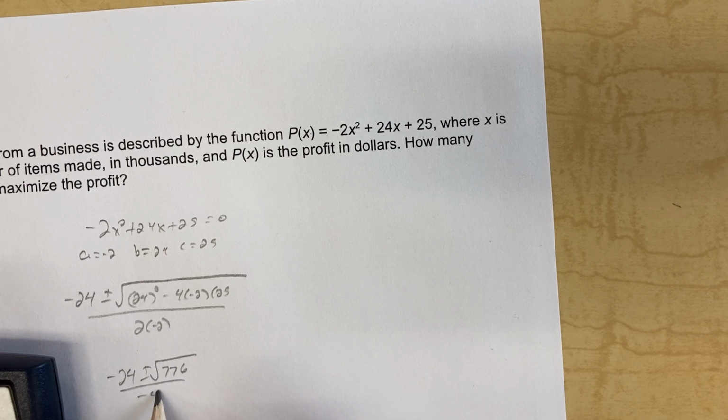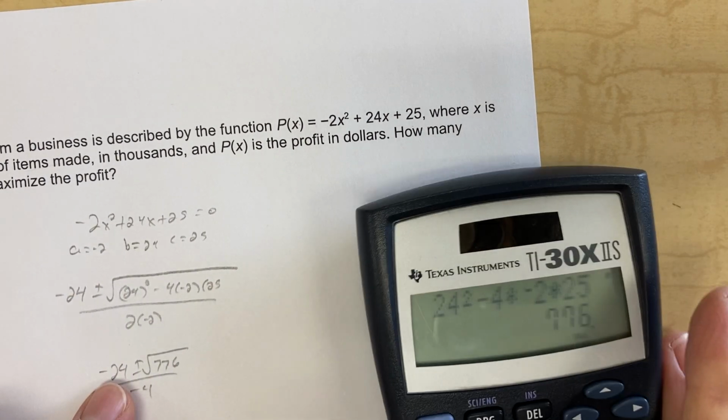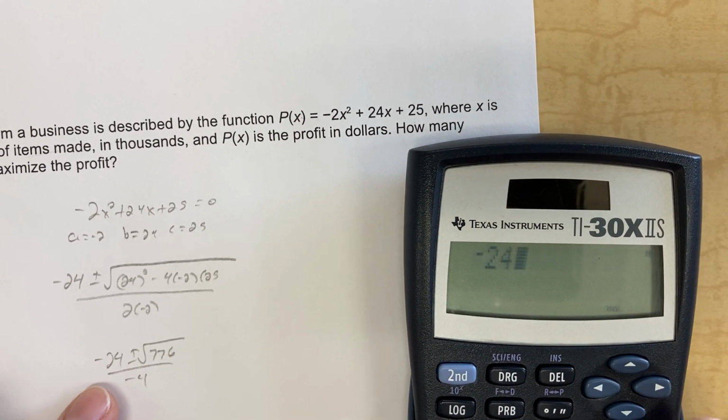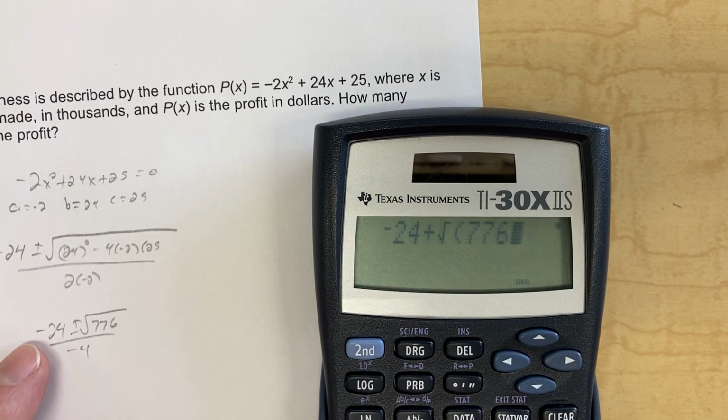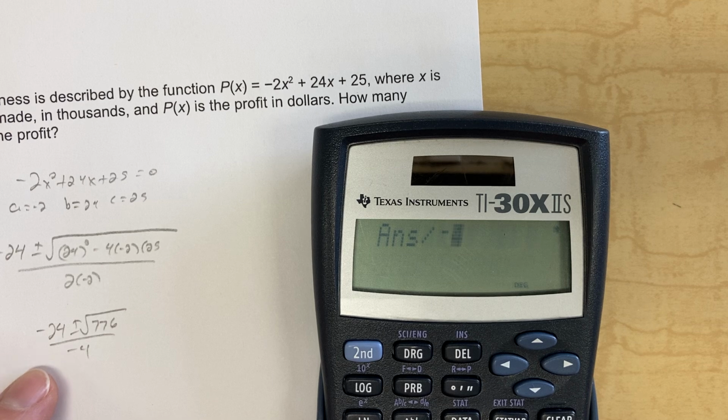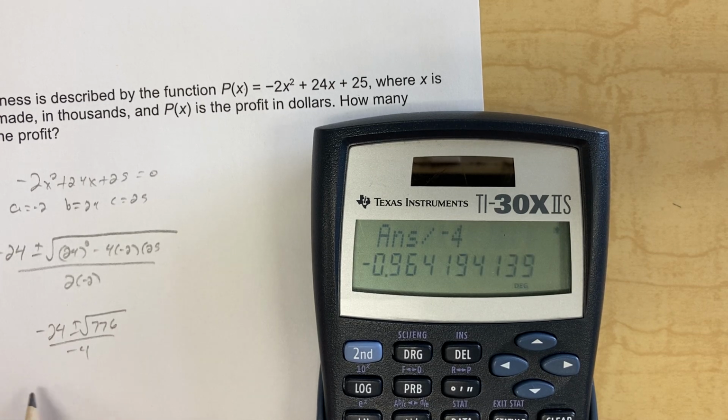And then this is gonna give me -4. All right, let me go ahead and work that out then. So -24 plus the square root of 776 divided by -4 is -0.96.